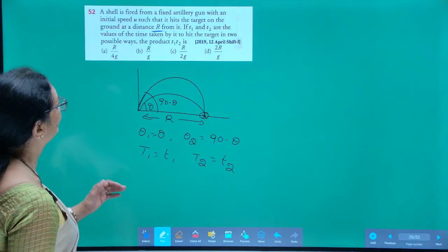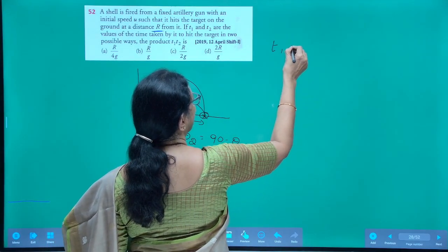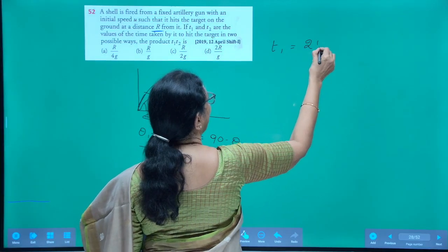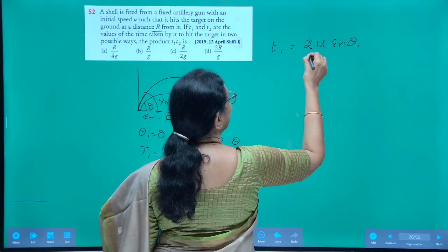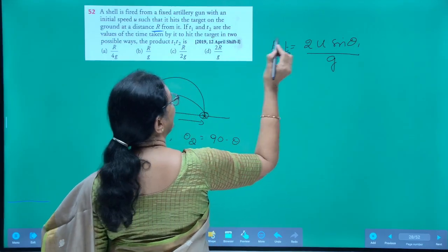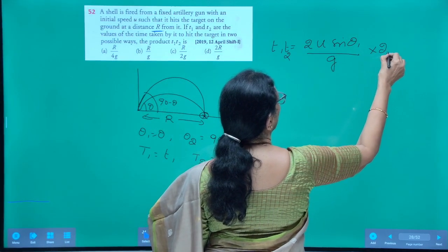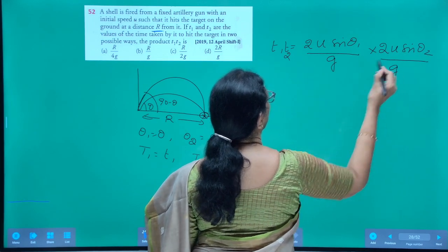What is asked? The product of t1, t2. Time of flight is 2u sin theta by g. So, 2u sin theta 1 by g. Product of t1, t2 is asked, into 2u sin theta 2 by g.